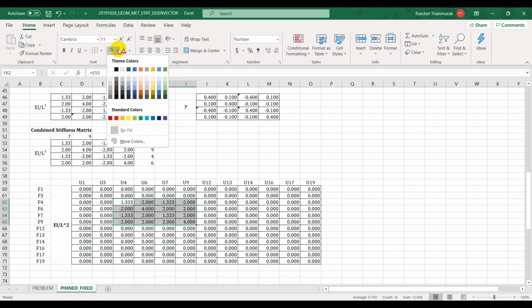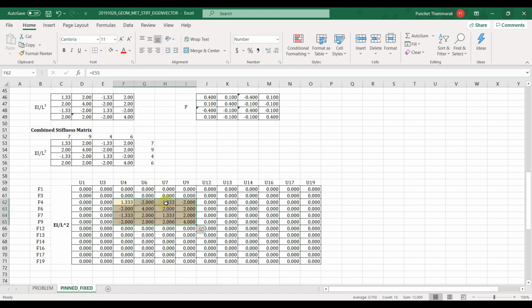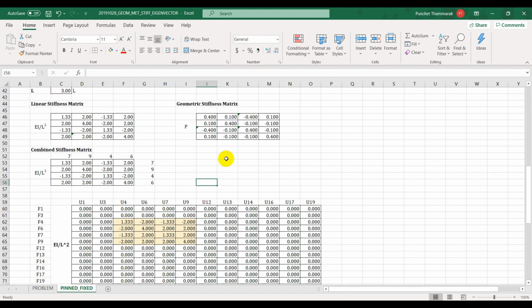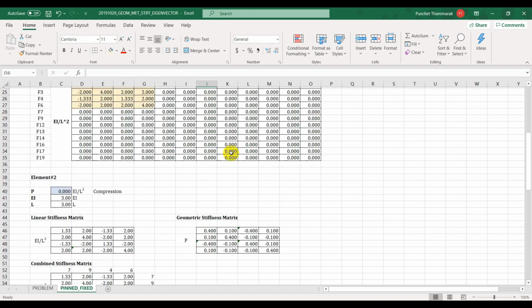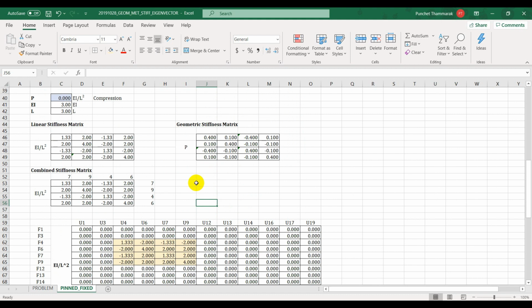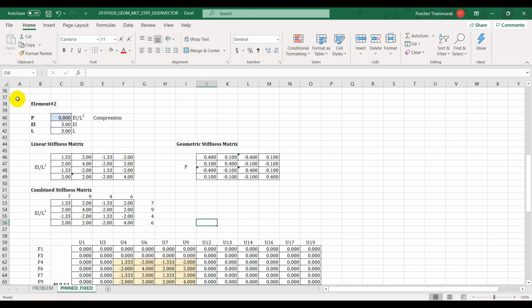Color it up and see. Symmetric, 1 3 3 2 2 2 2 2 1. Okay, yeah, looks good, looks perfect. So let's move to the element number 3.